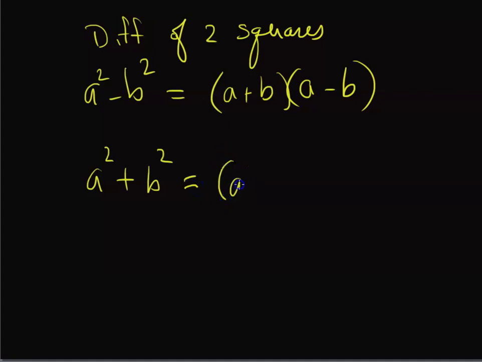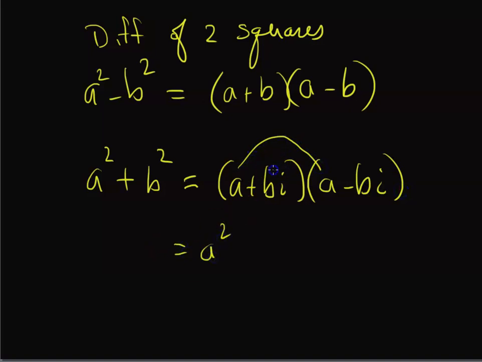So it is now a plus bi and a minus bi, because first times first, a squared, last times last, positive b squared i squared, inner product plus abi, outer product minus abi.